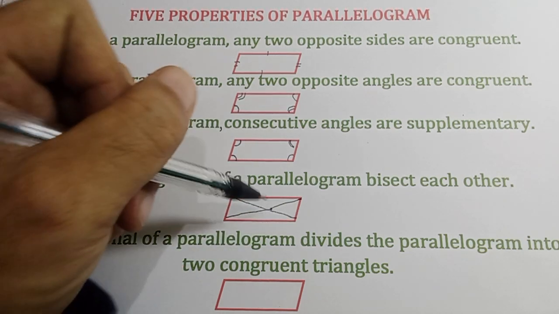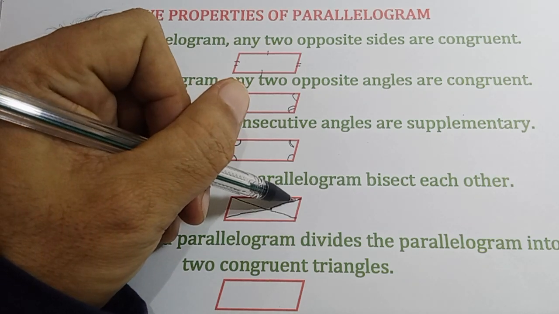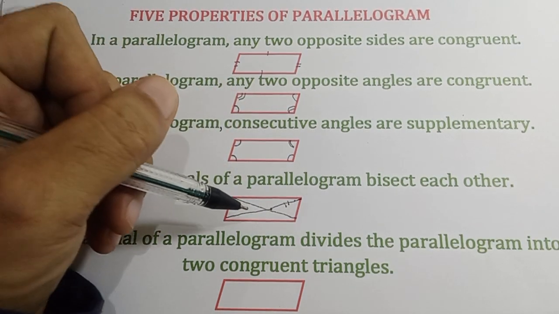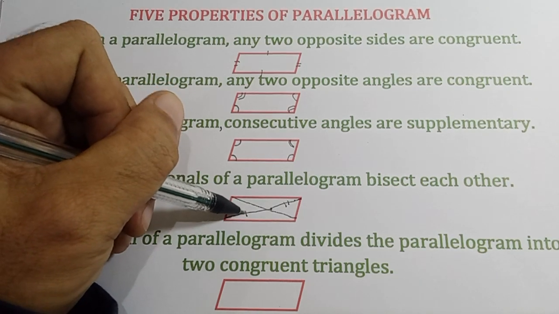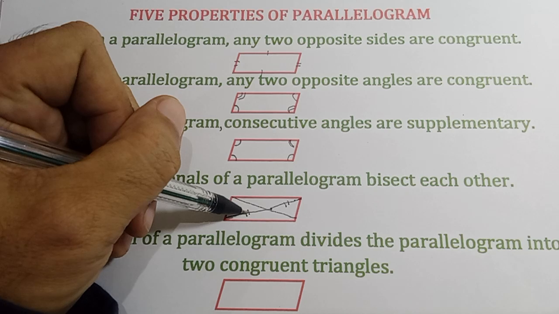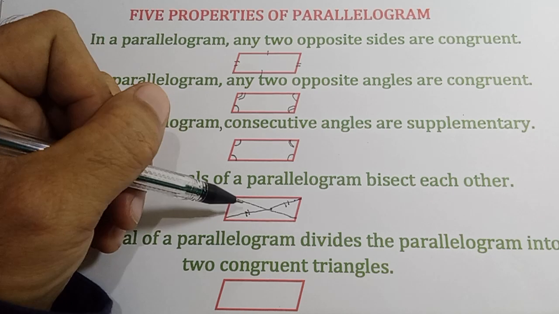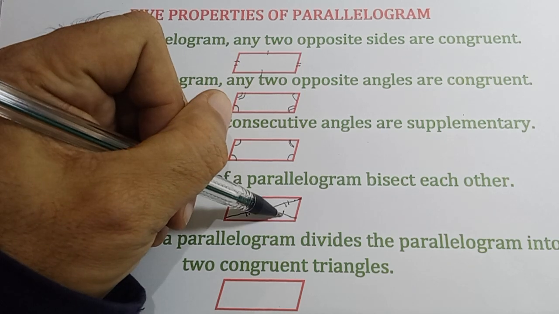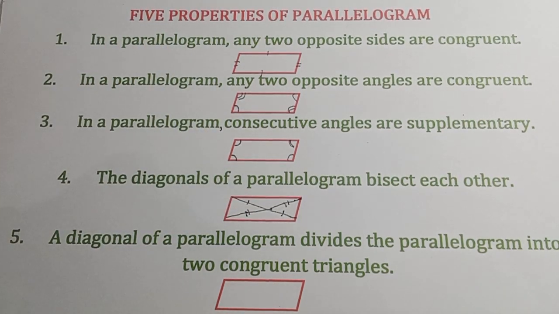In other words, this part of the first diagonal and the other part are equal. So this one also and the other one are equal.